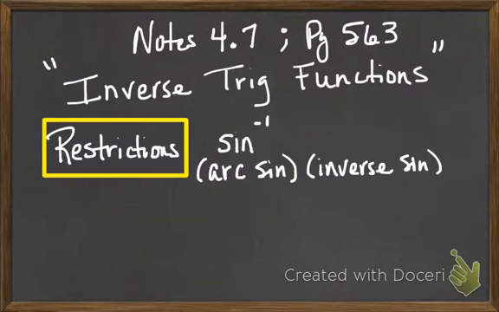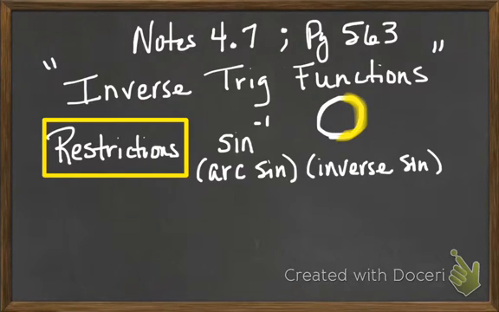Restrictions. If you would just draw a circle, we'll do it with a little diagram. When we're doing inverse sine problems, we are looking at only the right-hand side of the circle. So we're restricted on inverse sine, arc sine, however you want to say that. We can only answer with values on the right-hand side of the unit circle.